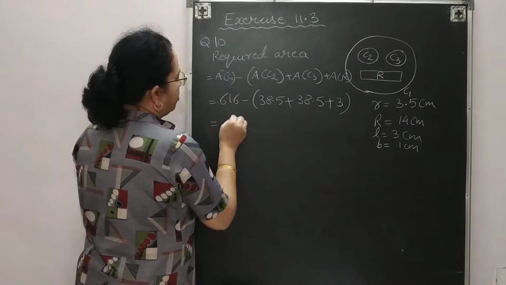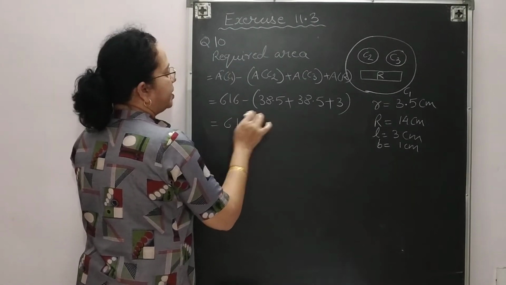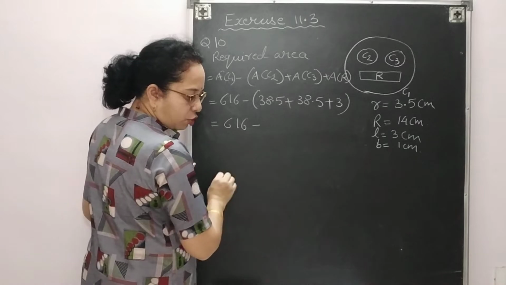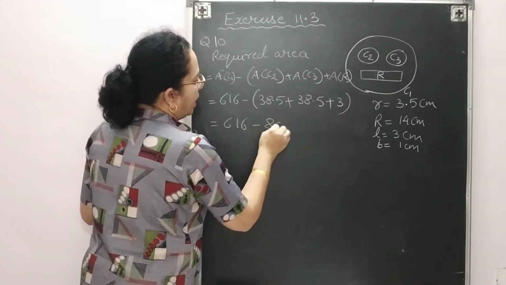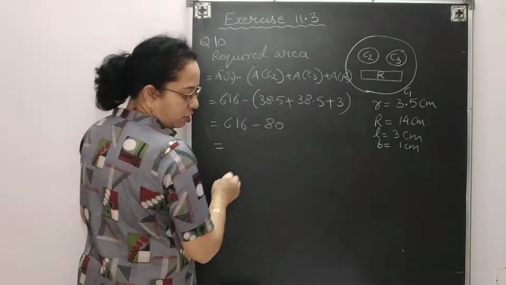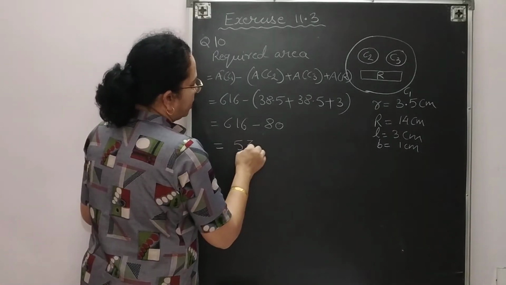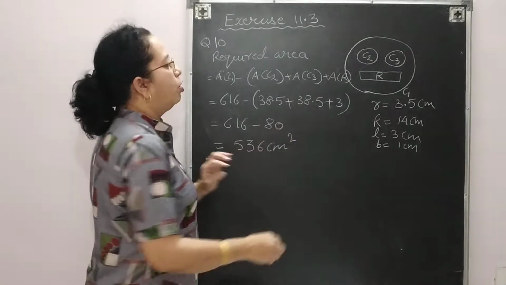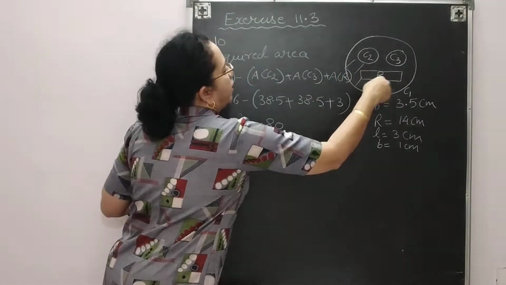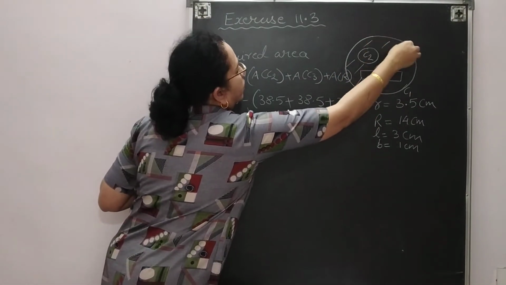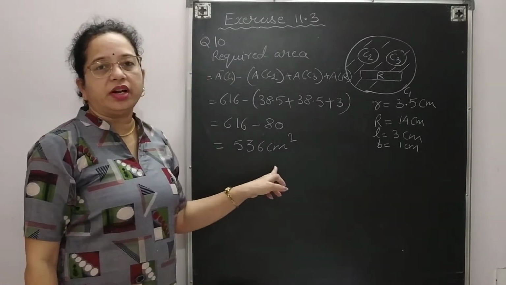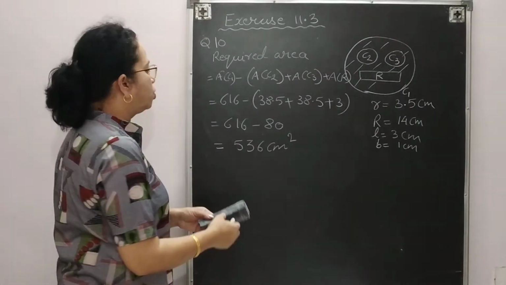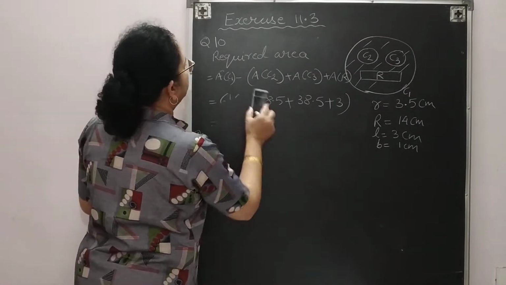So this will be 616 minus all these three. You will get here 80, and then again subtract this. Your answer will be 536 centimeter square. So the area of this remaining part, this shaded part, will be 536 centimeter square.